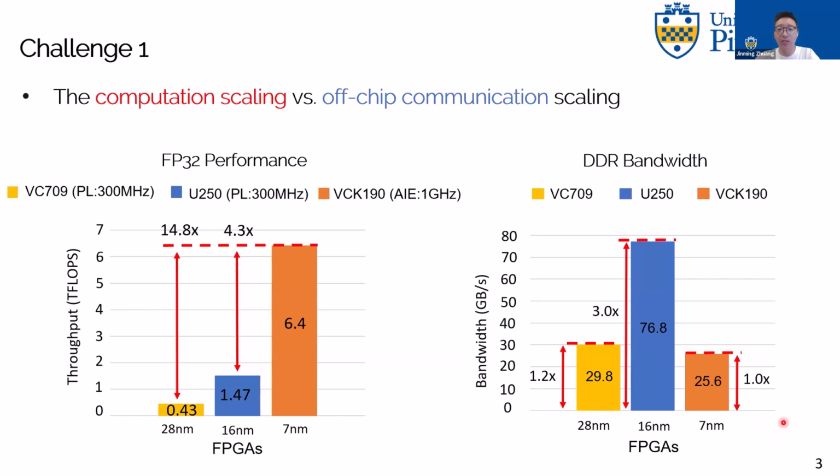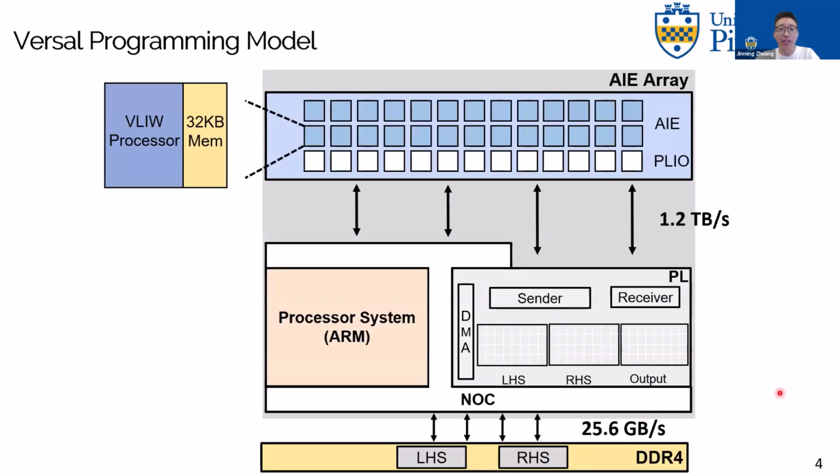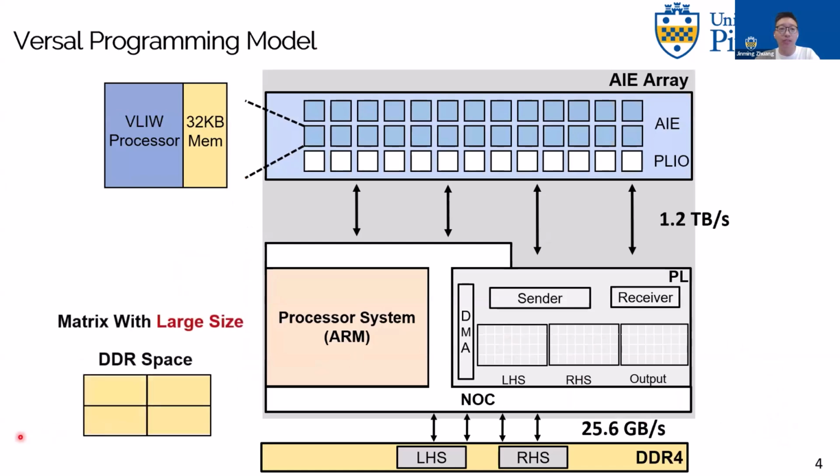To solve this challenge, we heavily explore on-chip data reuse to cover the time consumption spent on off-chip access. So here's an example. Assume that we are dealing with a matrix multiply with a large size. The data is first stored in the off-chip memory on the device side.